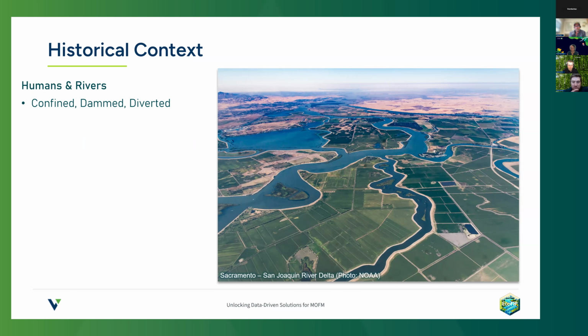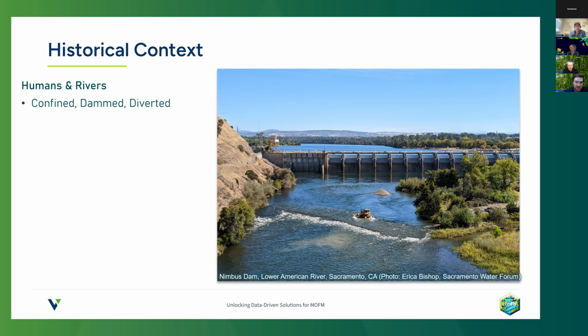I wanted to start with a little bit of history about the relationship that humans have had with rivers throughout human history, but especially over the 20th century in the United States. A lot of the things that we're combating now are the fact that we've largely confined our river systems with levees, berms, and dikes and separated them from their historic floodplains. We've also dammed the headwater tributaries that feed into these for purposes of flood control, water supply, sediment management, and other reasons.